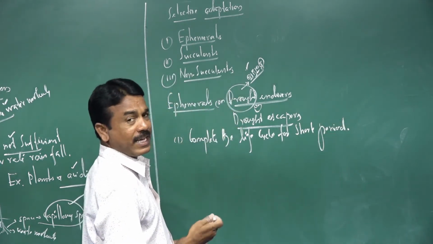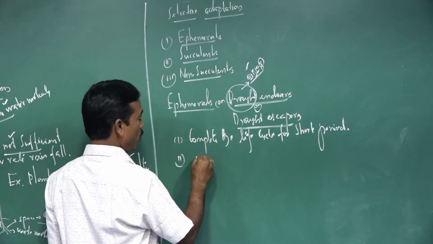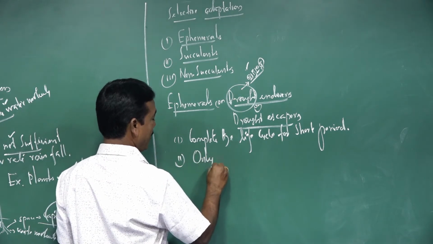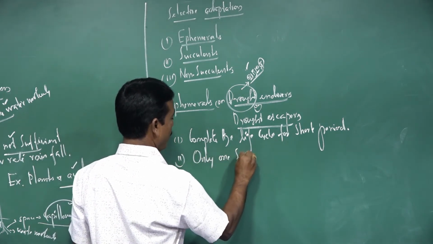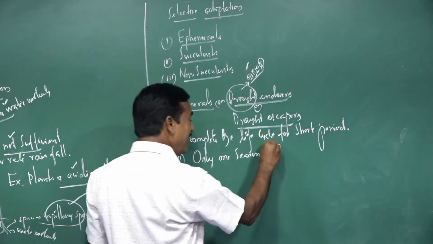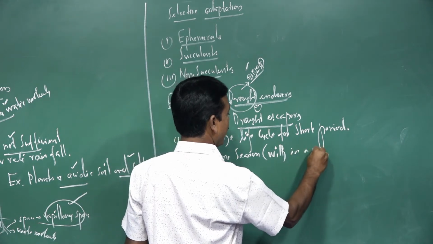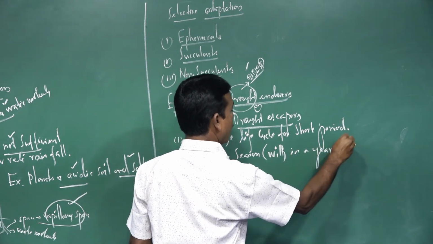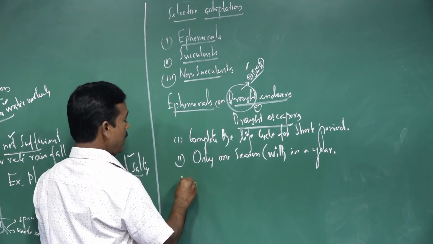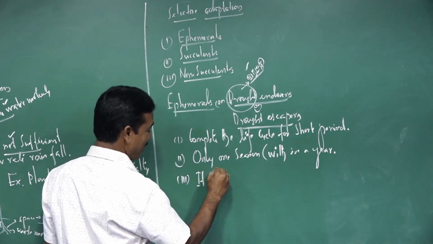Their life is applicable to only one season. So the life is completed within a year. That is why ephemeral plants are also called not true xerophytes.